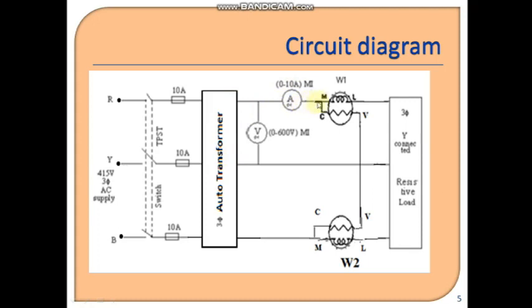From the ammeter it is connected to single phase wattmeter W1, and its load terminal is connected to the load. Next, from Y phase it is connected to the load, and on B phase the second wattmeter, that is W2, is connected. Both the wattmeters measure the voltage with respect to Y phase, and the three-phase star connected load bank.